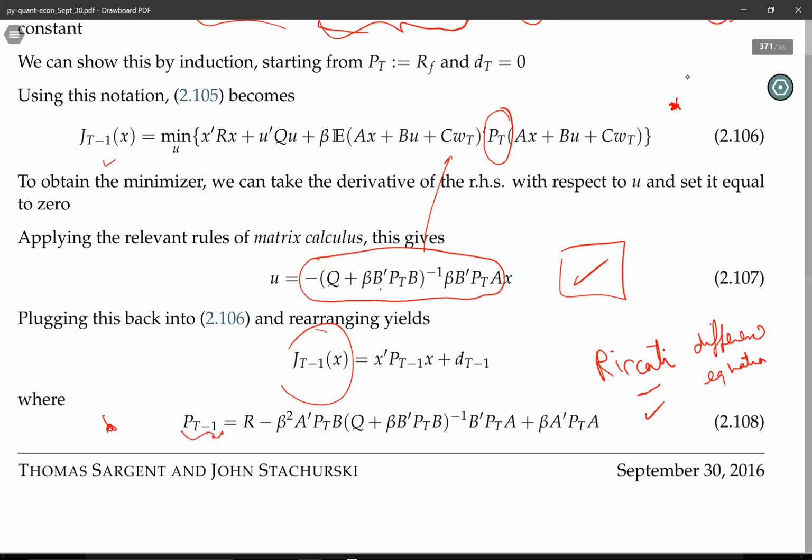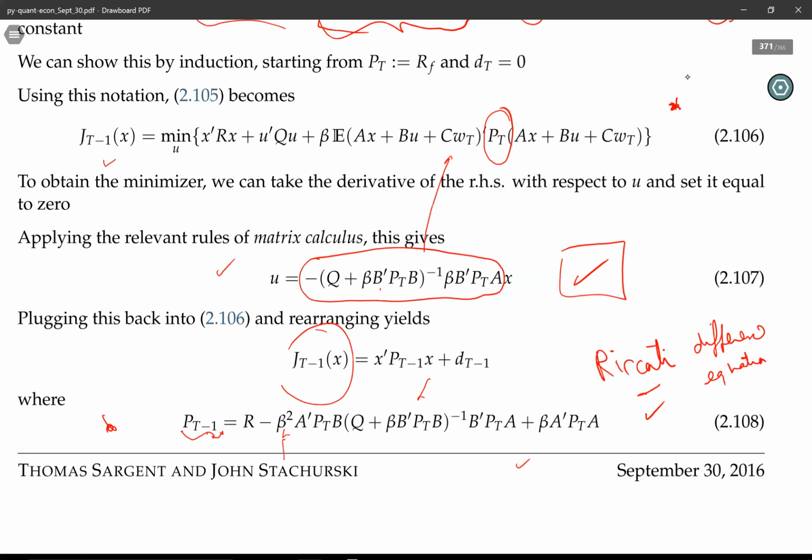because the way we solve this problem, we just summarize this. So notice this equation. If you know beta, the discount factor, A, B, Q, and R, and I give you a terminal P, you can just iterate backwards on this equation and get the optimum value function for every date. And once you know the optimal value function, you can get out the optimal decision for every date.